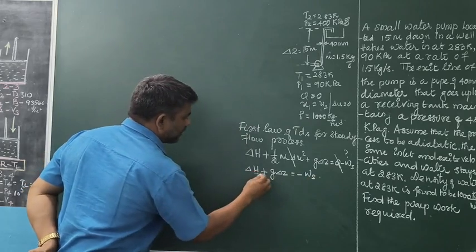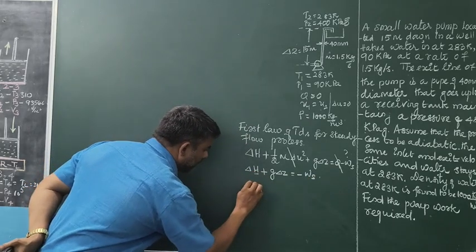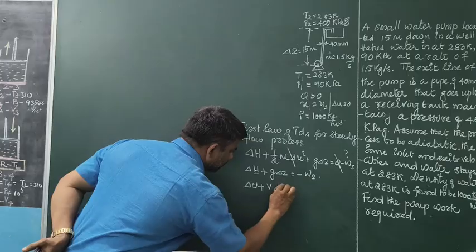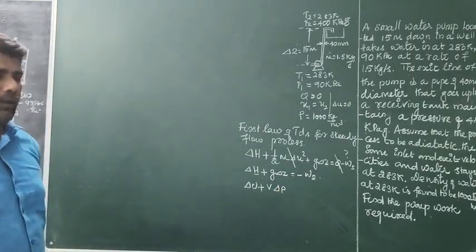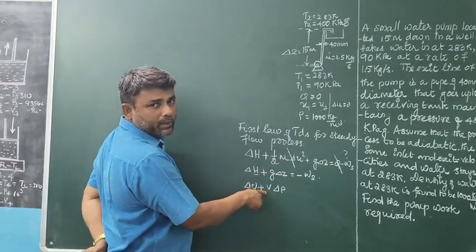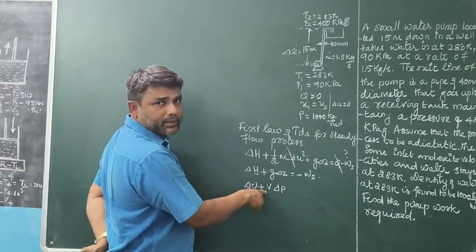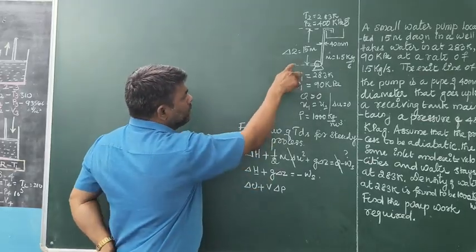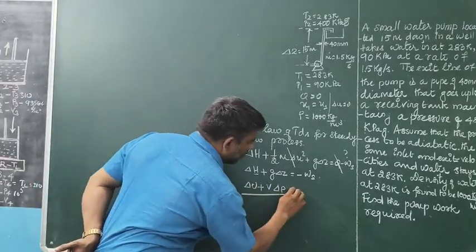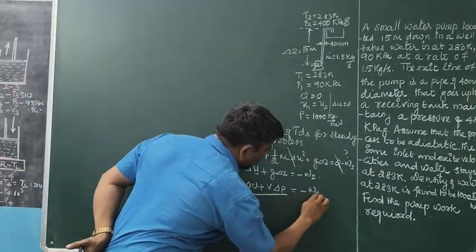H stands for enthalpy, that means del U plus V del P, since H is equal to U plus PV. Volume and volume flow rate are constant, and pressure alone gets exchanged between the two ends. Hence, I am going to write this equation like this, equal to minus Ws.